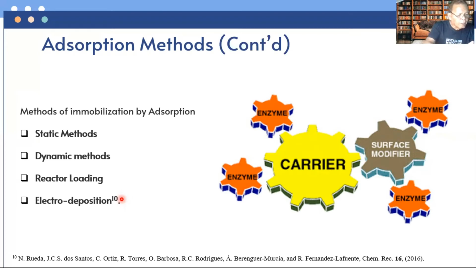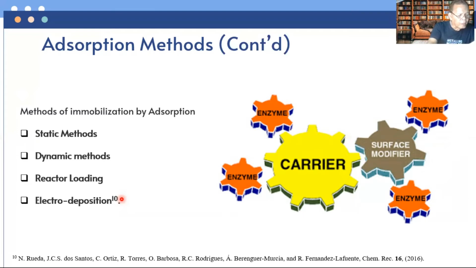Then the dynamic process involves mixing the enzyme with the carrier under constant agitation. Reactor loading involves transferring both enzyme and carrier into the reactor with agitation of the whole content.